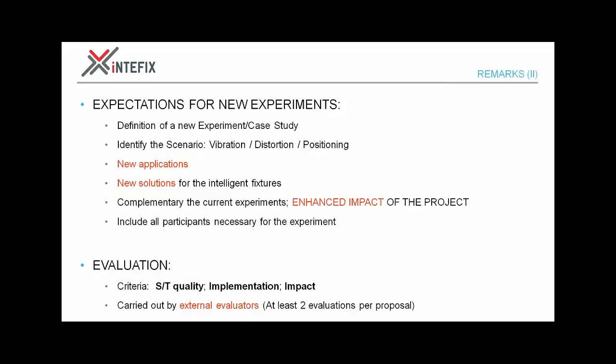We will try to find at least 2 evaluators with expertise in the field of the proposal. Our idea is to have more than 2 evaluations per proposal, but if we have problems finding the right experts, we will limit this to only 2 evaluations.